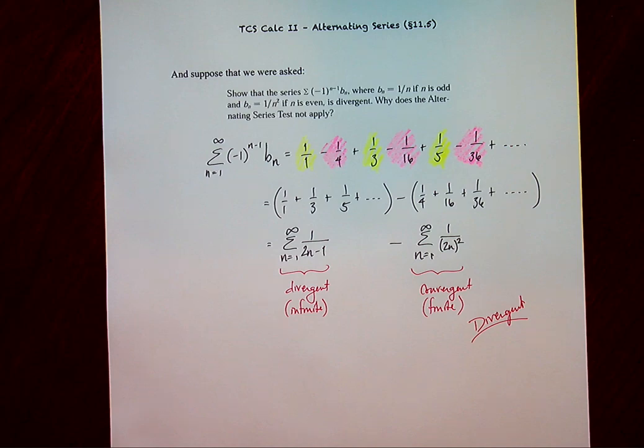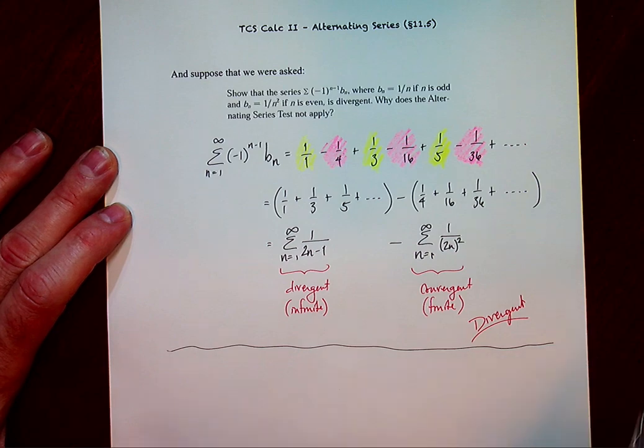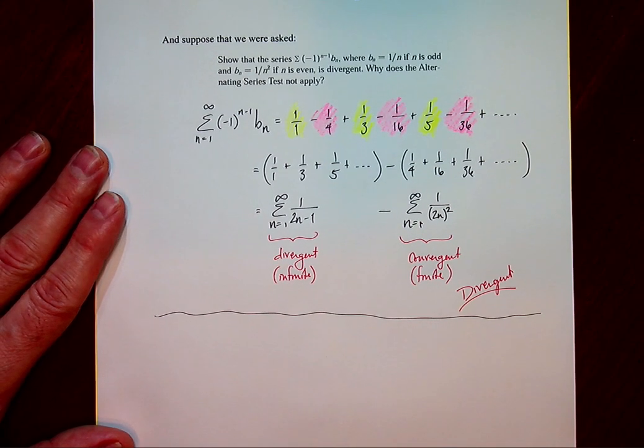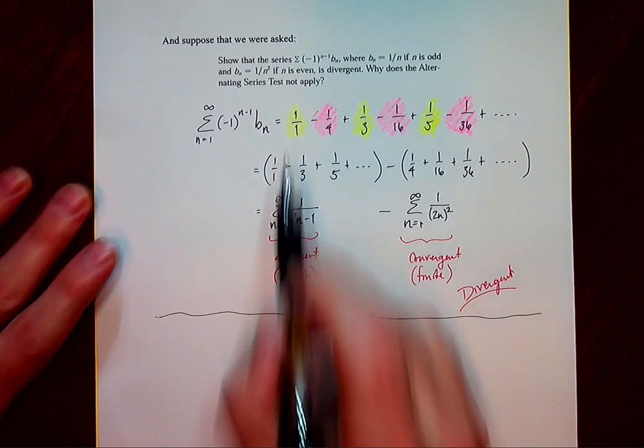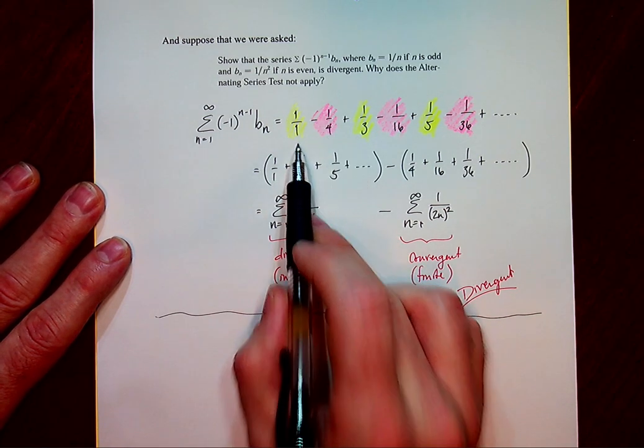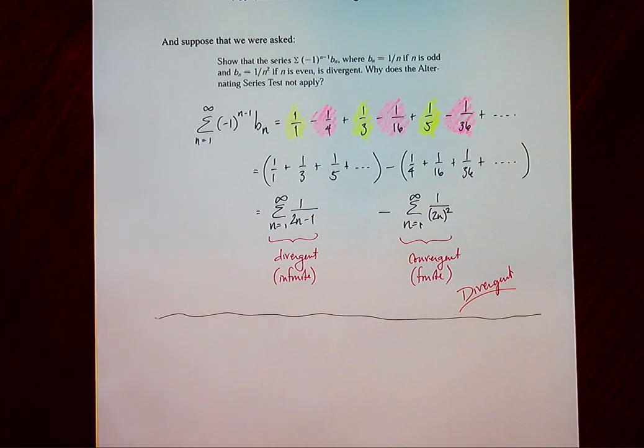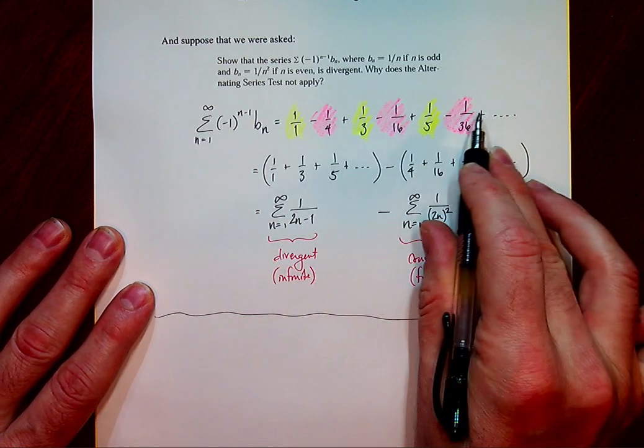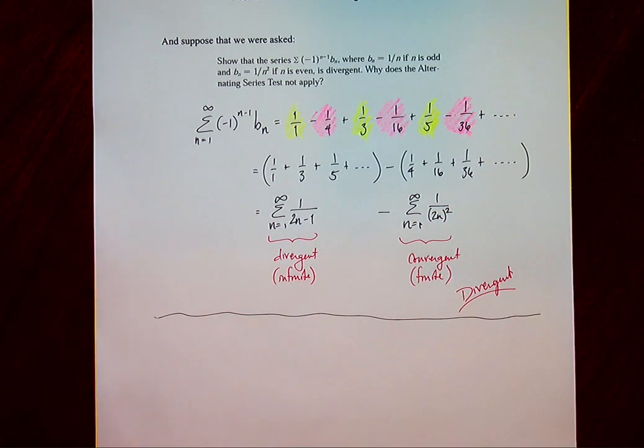Now the next part of the question is, why does the alternating series test not apply here? Well, just look at each successive term, especially since you have a common numerator, 1, 1, 1, 1, 1, 1, 1. In order for each successive term to be less than the term before it, it has to have a larger denominator. So in order for the alternating series test to apply, you should get a larger denominator in each successive term, and you don't.